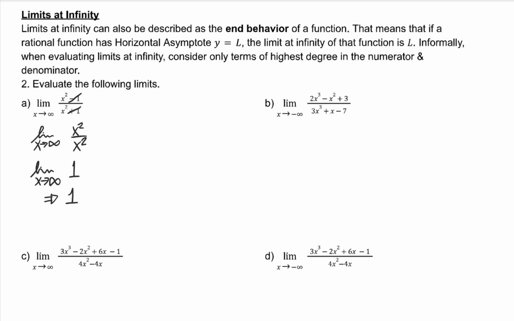And if you noticed, our degree of the numerator and the denominator was the same, so our coefficients should be our horizontal asymptote, which means, yes, our limit as x approaches infinity goes to 1, our horizontal asymptote. As we're headed toward negative infinity, we really only care about terms of highest degree because those are the most relevant for infinity.